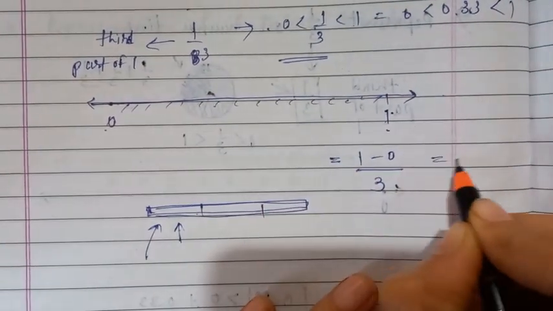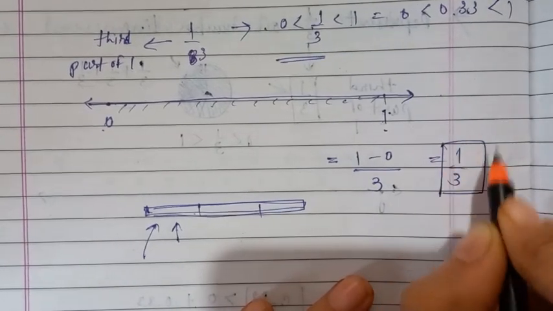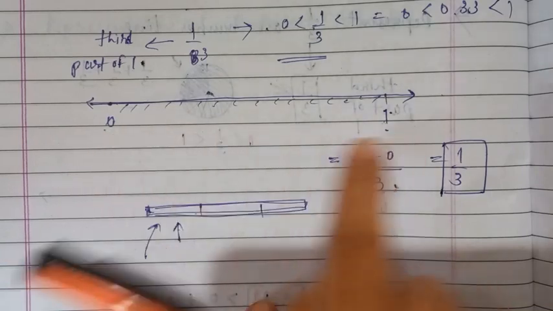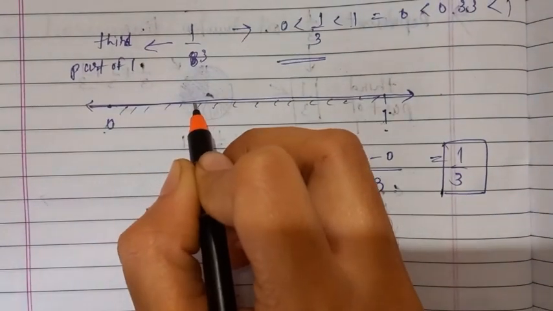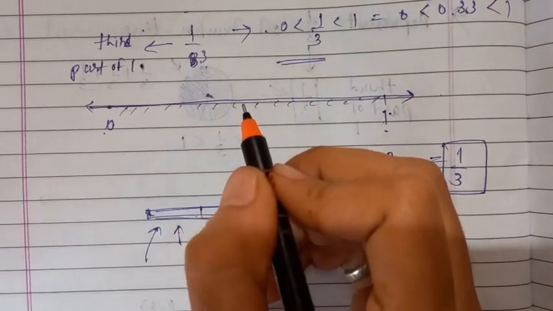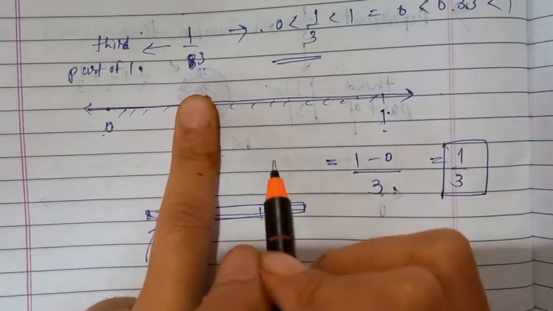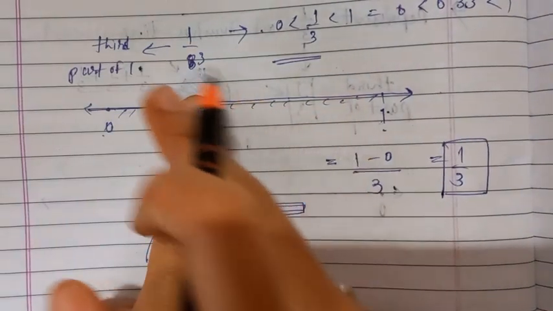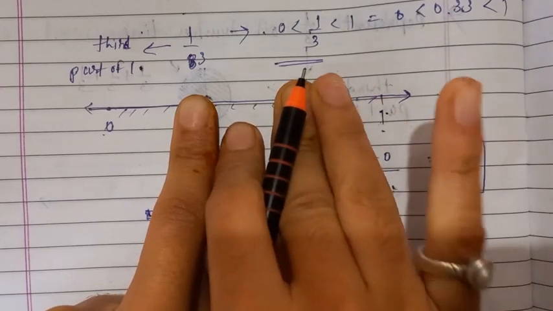So 1/3. This is our third part of this number line. Then randomly, approximately, you know where I should write this 1/3 here. Then this is the first part, in between is the second, and this is the third part.